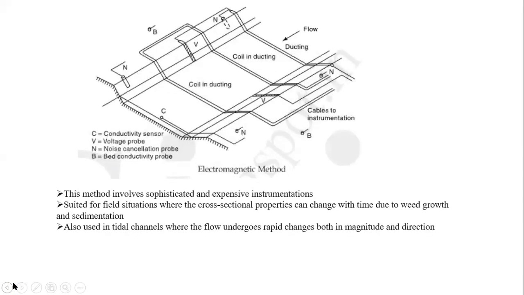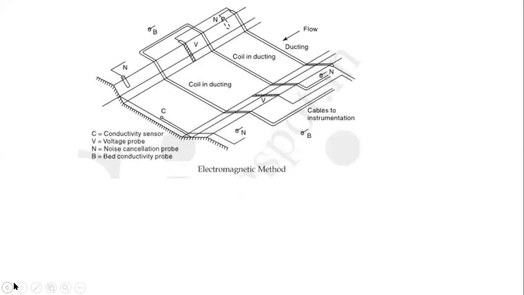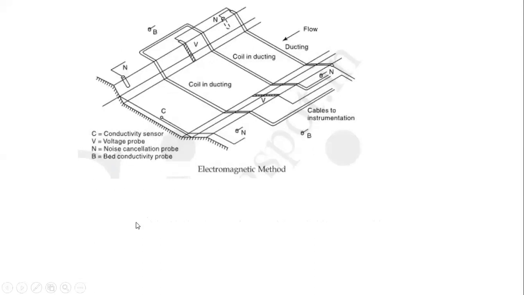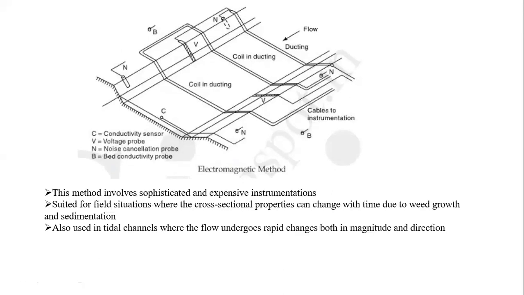Then the next, we have to go for its benefits and limitations also. As we are passing currents in this method, it involves sophisticated and expensive instrumentation, because we are required to provide the sensors at various places. Okay, so it is a somewhat expensive method.